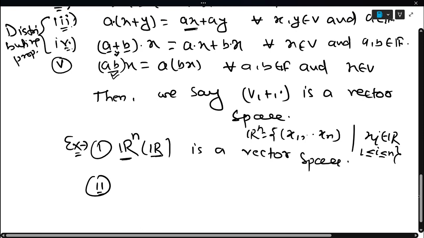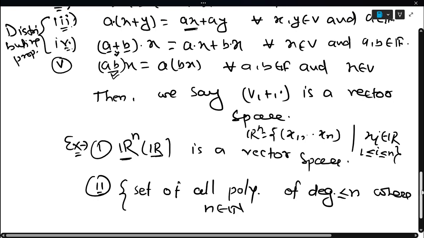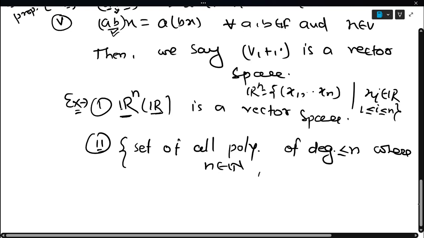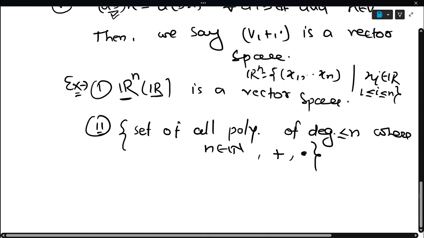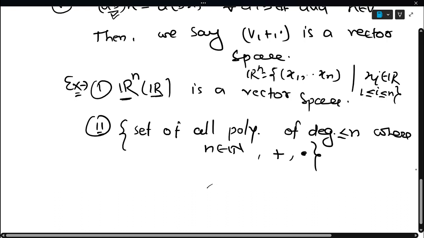For the second example, take the set of all polynomials of degree less than or equal to n, where n belongs to the natural numbers, with the usual addition and usual multiplication, that is, addition of polynomials and multiplication of a constant with a polynomial.